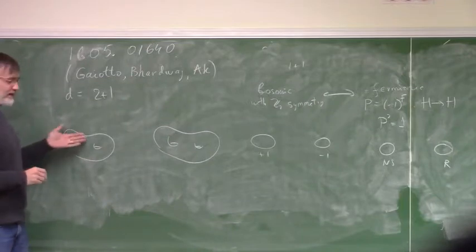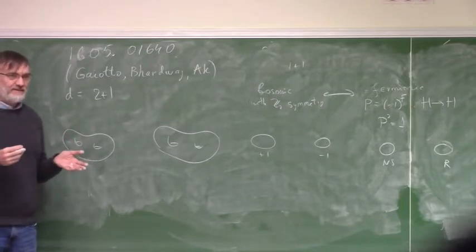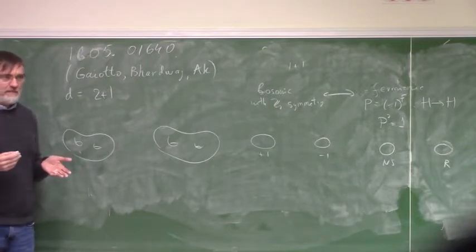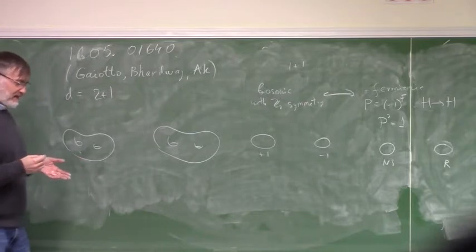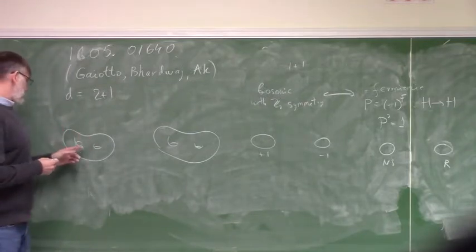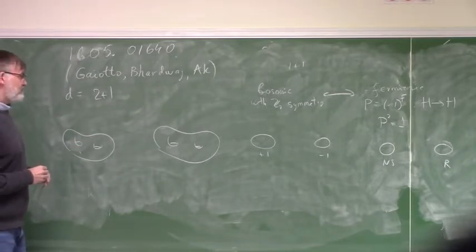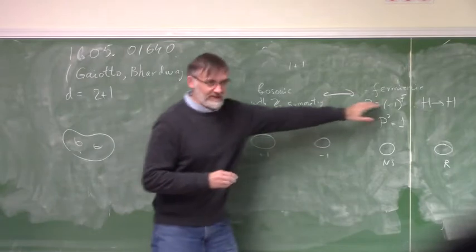So in the fermionic case, when we look at the Hilbert space, again, it has even and odd sectors, right? So, how do I get from here to there?